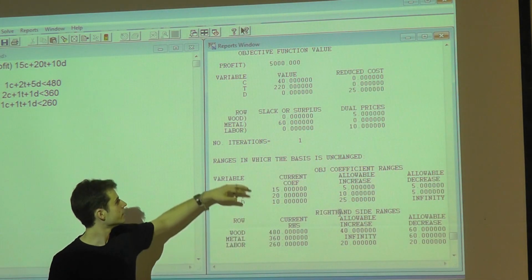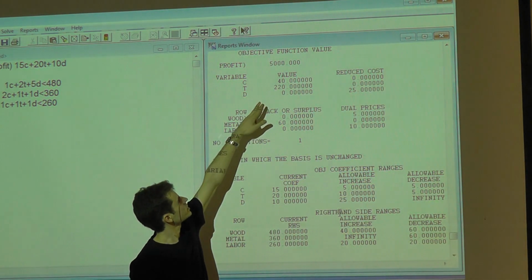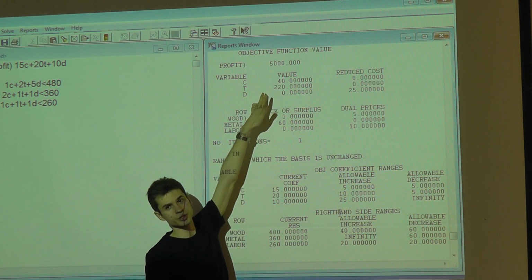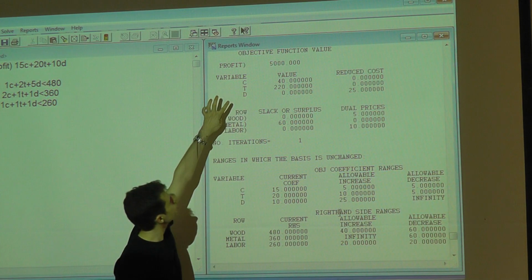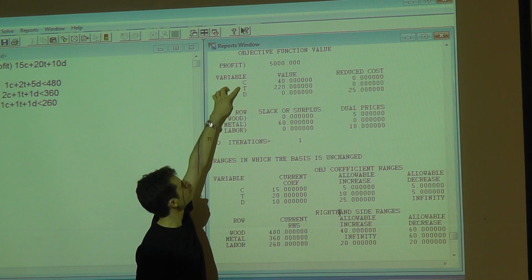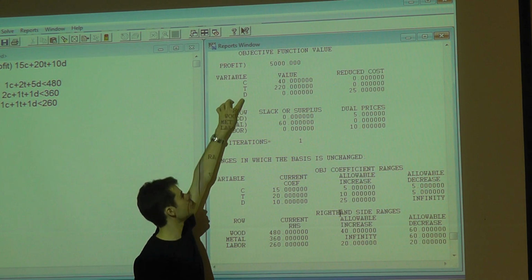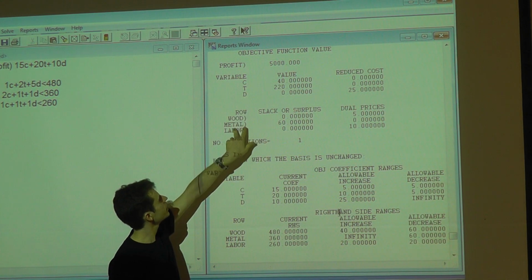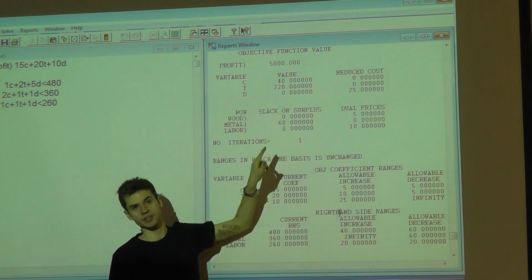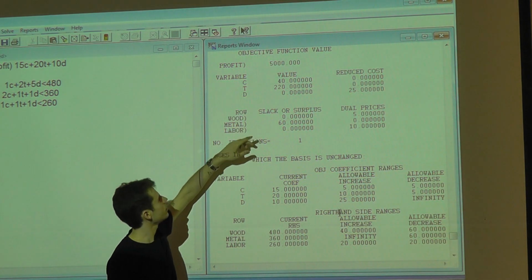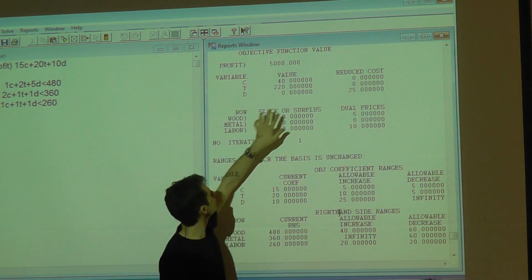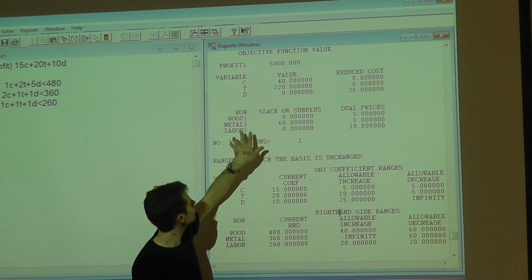What does it mean? What is the current basis? You can read it from here. Which variables are basic? The number of chairs, the number of tables, and metal. Which are non-basic? The number of doors, the amount of food, the amount of labor.